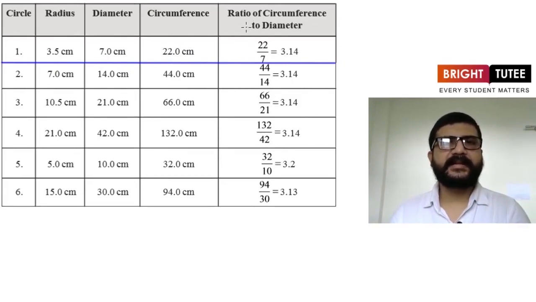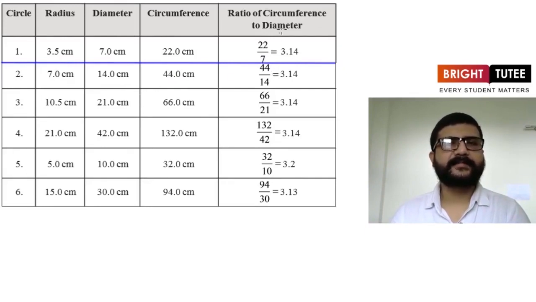And when we find the ratio of circumference to diameter, it was 22 upon 7, and this is approximately equal to 3.14. And then we took one more circle with radius 7 centimeters and diameter 14 centimeters. So its circumference came out to be 44 centimeters.